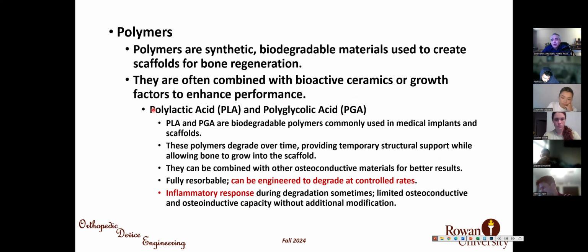When we need mechanical support, these are better than the calcium-based material. But when they start to be resorbed, they produce an inflammatory response. They stimulate the inflammatory cells in the body, and the area will be inflamed, and it is not something that the surgeon wants.